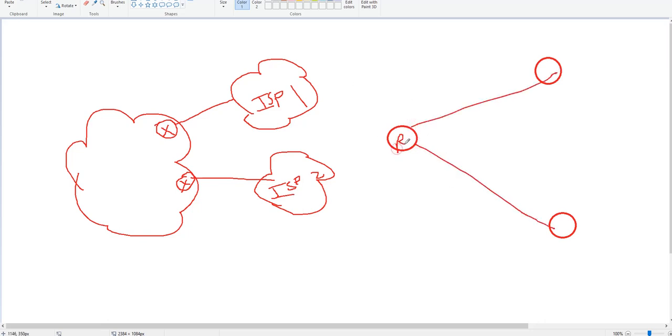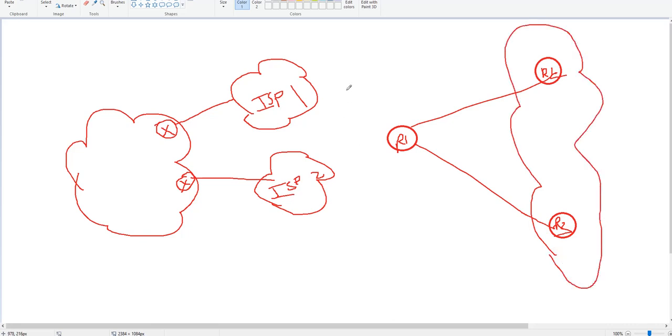This is router 1, router 2 and router 3, and this is the ISP network and this is your enterprise network. With BGP, for a few of the prefixes you would like to access over this link, and for a few of the prefixes you would like to access over this link.